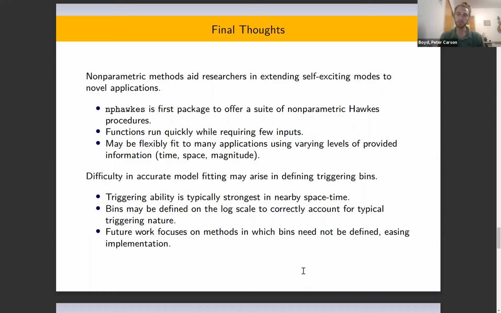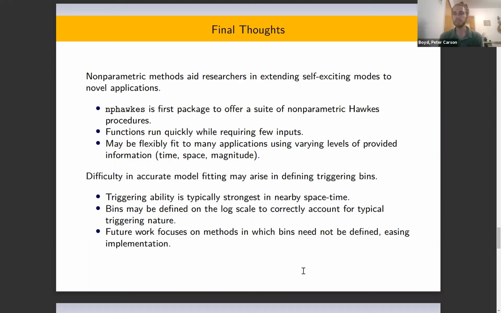One bit of difficulty that might arise is that the fit of the model does depend quite a bit on how we define those triggering function bins. Because of the nature of a lot of these processes, triggered events are most likely to happen in nearby space and time, which creates a greater need to model bins close to zero, or close to a time or space difference of zero.